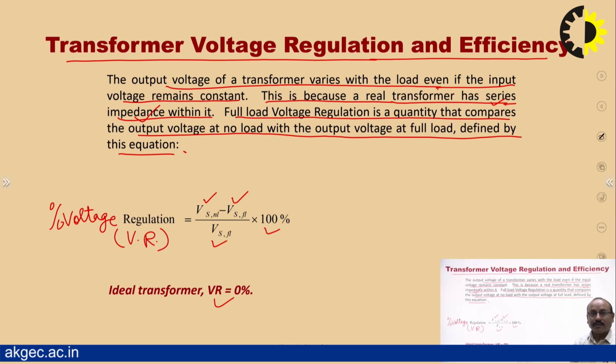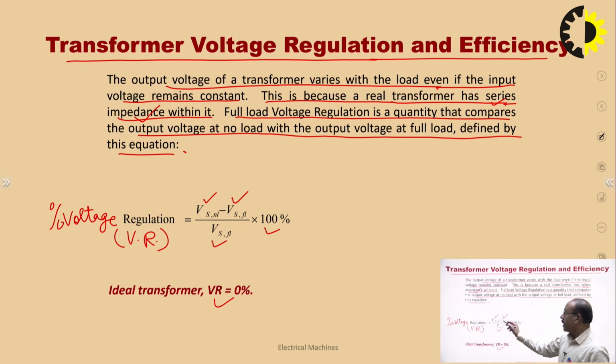When there is no voltage drop in the winding, the no load voltage and full load voltage will be equal in an ideal transformer, and then there is no question of voltage regulation, or we can say voltage regulation will be 0 in an ideal transformer. That is the reason for it.